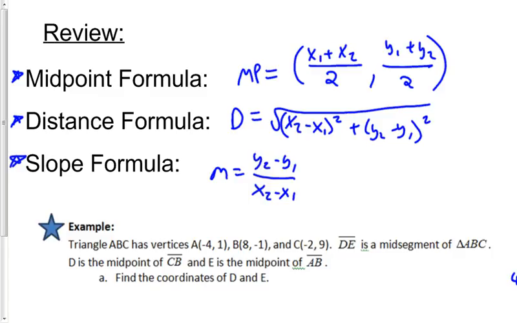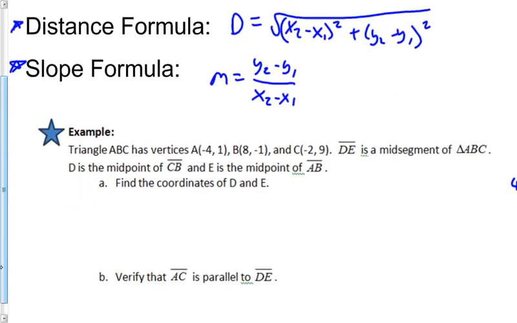So if we want to find the coordinates of D and E, we're going to have to use that midpoint formula. For D, we know that D is the midpoint of CB. So let's use C and B here.